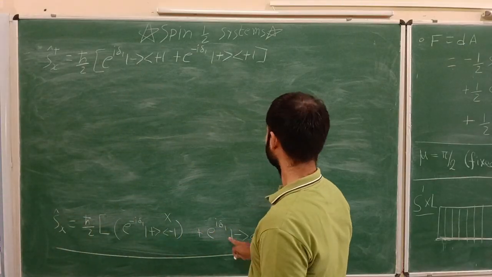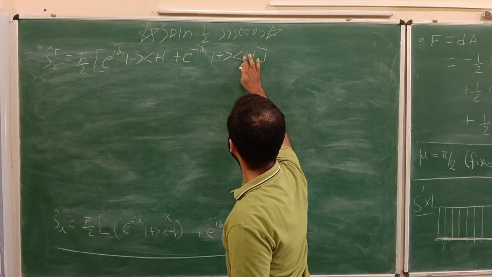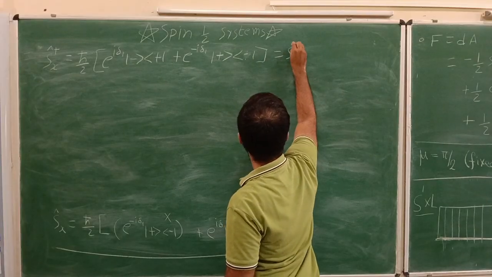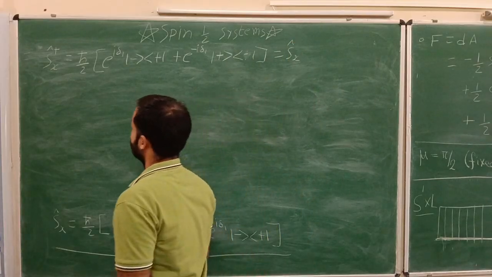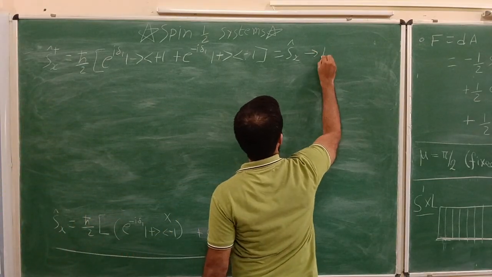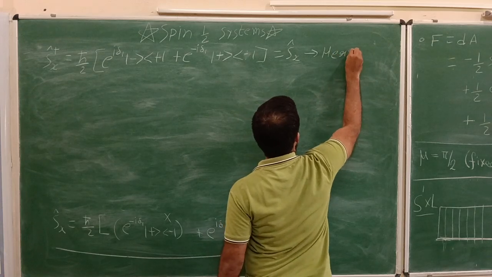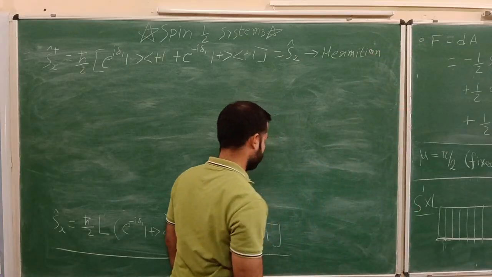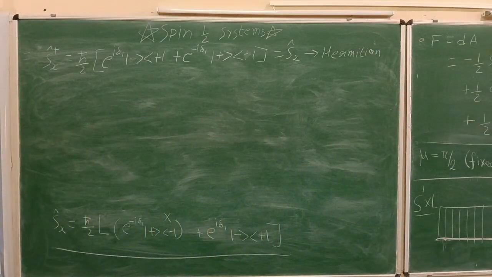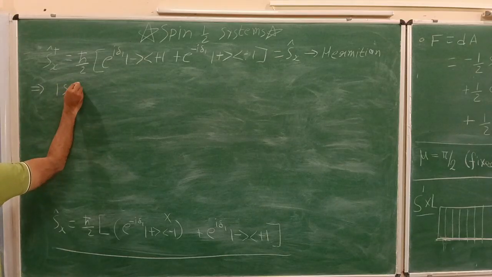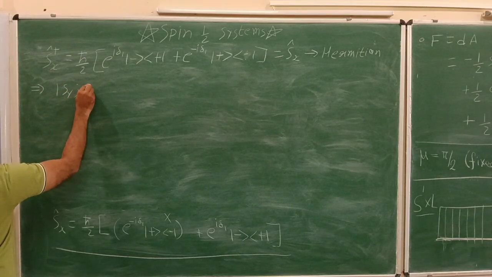This term is here. This term is the same. This is a Hermitian operator. Remember that Hermitian operators have real eigenvalues. So it's obvious that this should be a Hermitian operator, and similarly we can mark this.